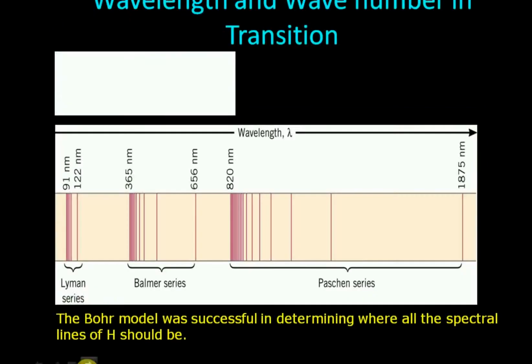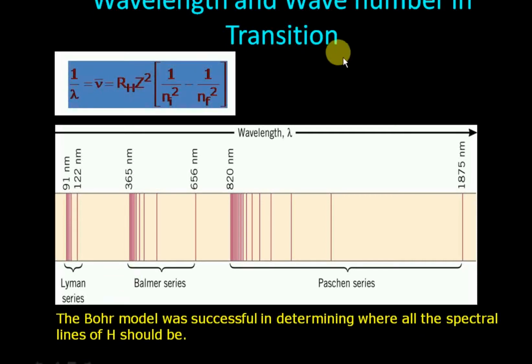Now wavelength and wave number in transition can be demonstrated by the number of series, that is the wavelength or the wave number.